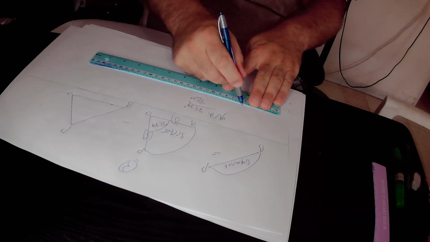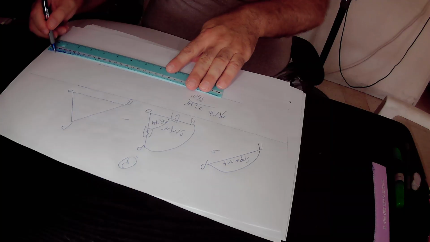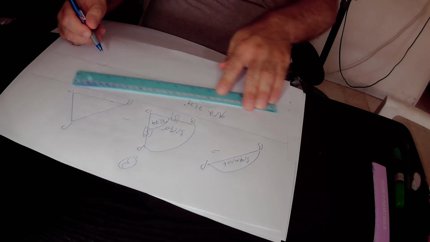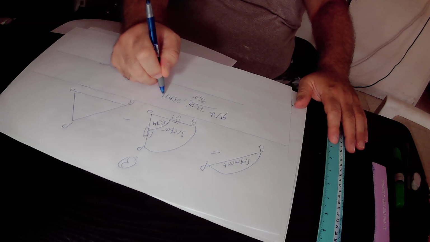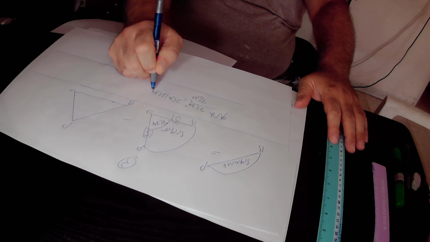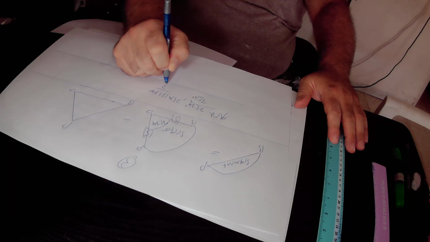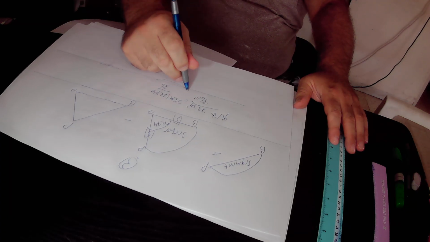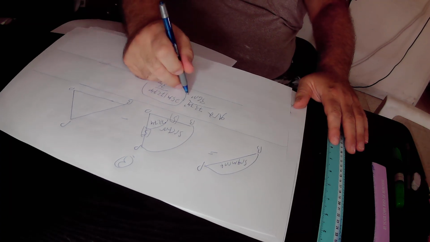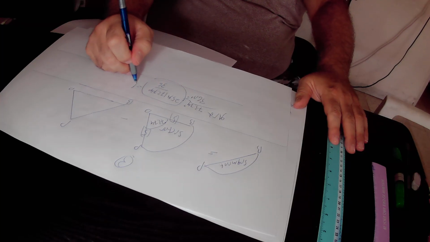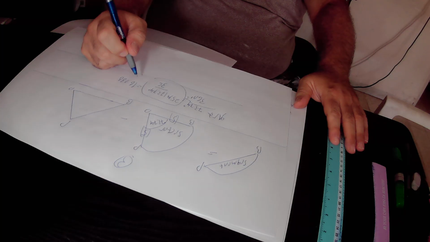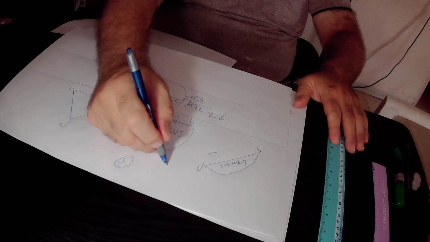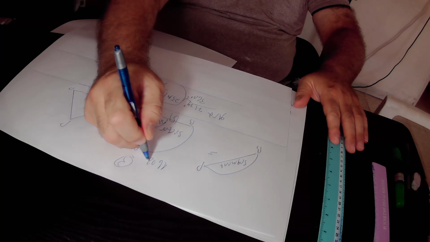R is 5, therefore r squared is 25, therefore pi r squared is 25 pi, times 73.74 degrees over 360 degrees. So the value of this expression in total is equal to 16.088 square units. So the area of this sector BOP is equal to 16.088 square units.